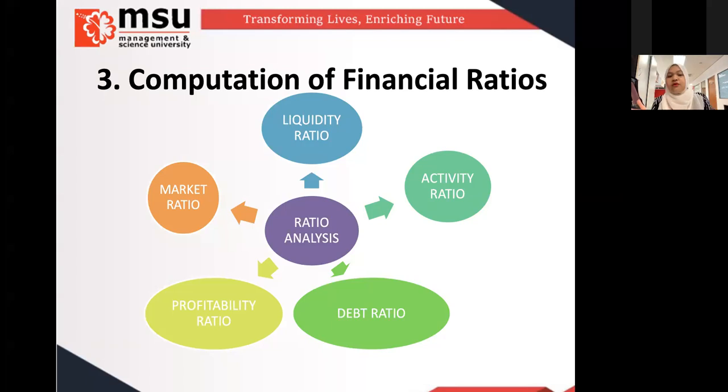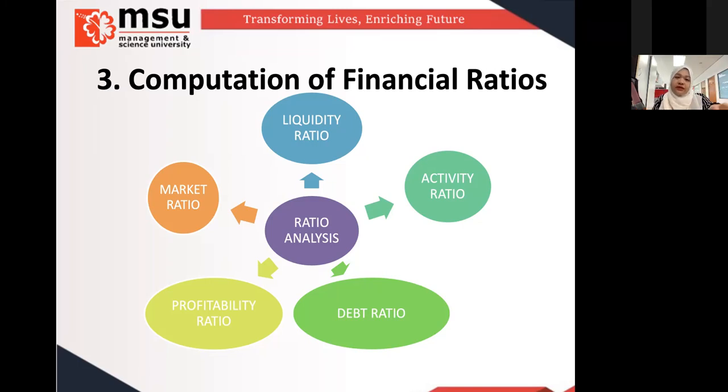The fourth is the profitability analysis. With profitability analysis, basically we want to know how much the company earns. From the total earnings the company has, how much is left as net income? The most important thing we want to know is the net income.